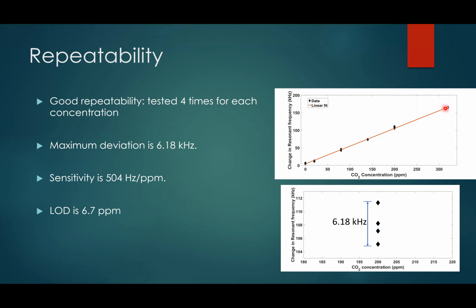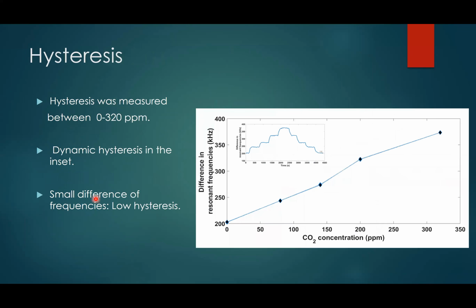And we have a sensitivity for the sensor of around 504 hertz per ppm, parts per million, and the limit of detection that we get for the sensor is around 6.7 parts per million.